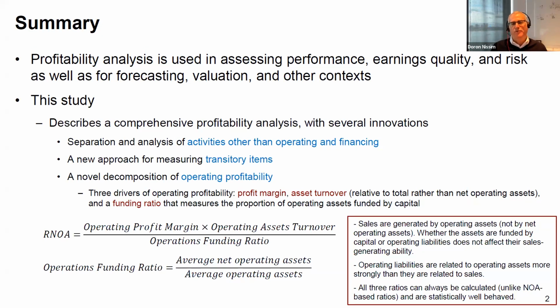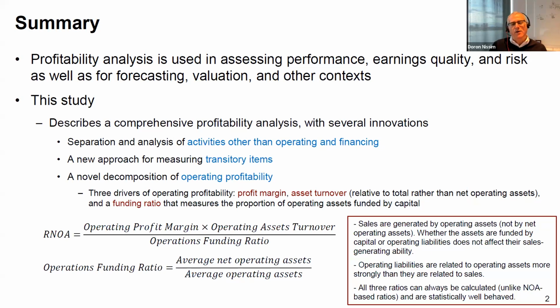But if you measure turnover relative to operating assets, not relative to net operating assets, then you have to introduce a third ratio to decompose the return on net operating assets. That third component, I call it operations funding ratio. It's basically the ratio of net operating assets to operating assets, or 1 minus operating liabilities to operating assets.